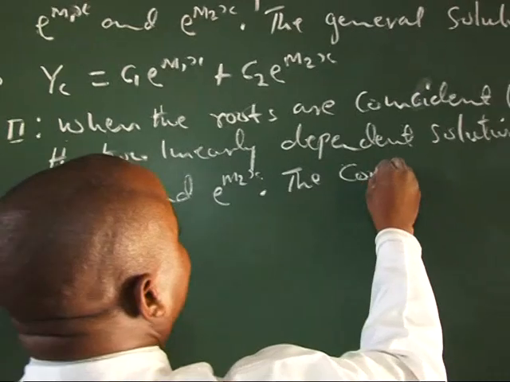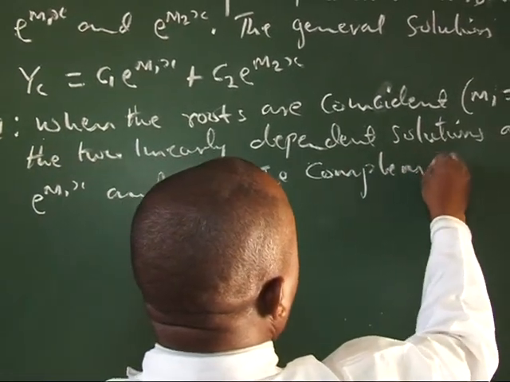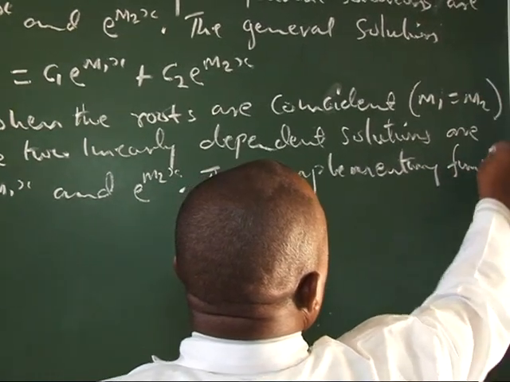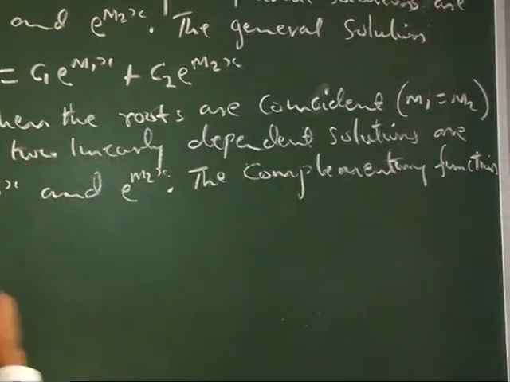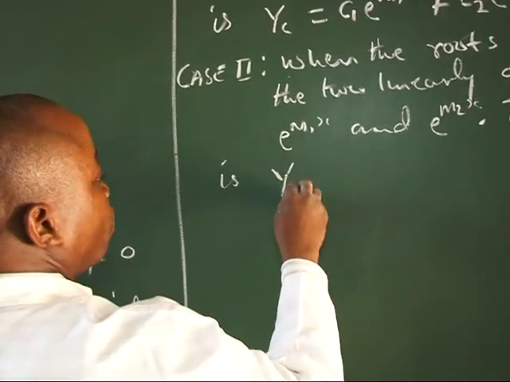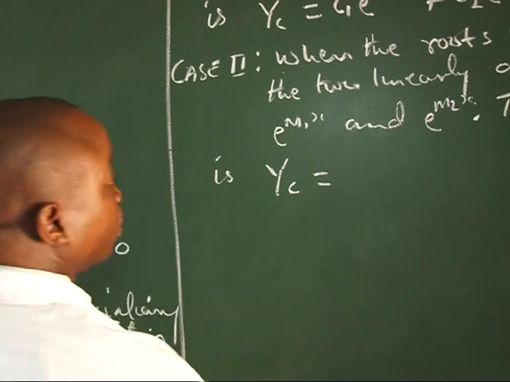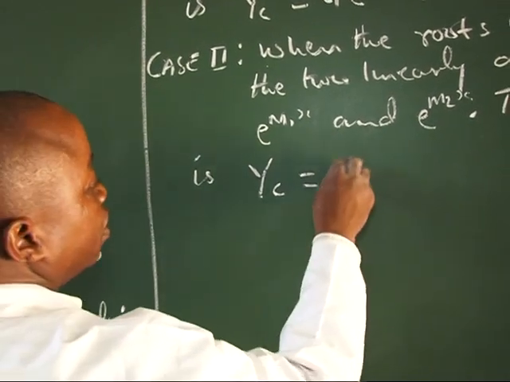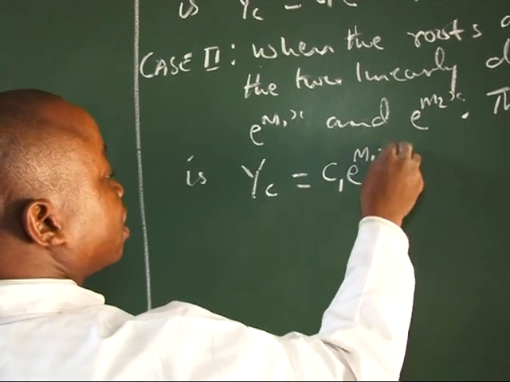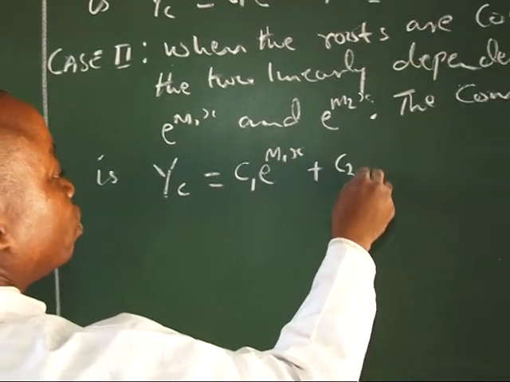The complementary function yc is equal to, now note, C1 exponential m1x plus C2x.